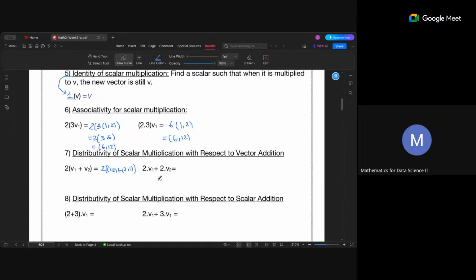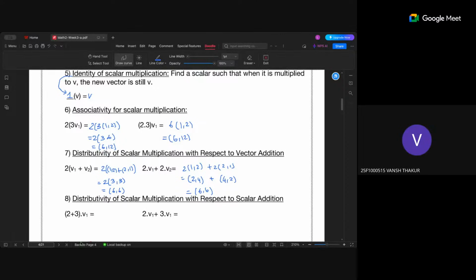All right. So here this is 2 times the sum of these two vectors. What is the sum of these two vectors? 3 comma 3, so this is 6 comma 6. Now what is 2 times 1 comma 2 plus 2 times 2 comma 1? 2 comma 4 plus 4 comma 2, which is 6 comma 6.